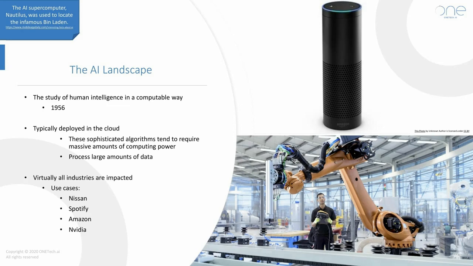And so the next two examples are more so focused within the consumer space. Spotify and Amazon, as I'm sure many of you are familiar with, leverage AI for enhancing consumer experiences within their platforms.